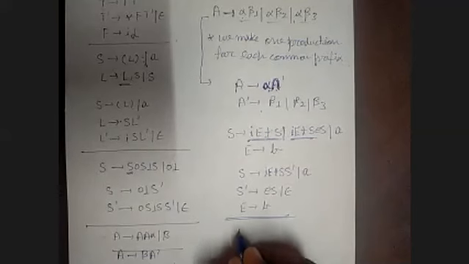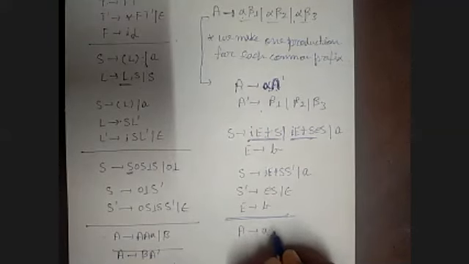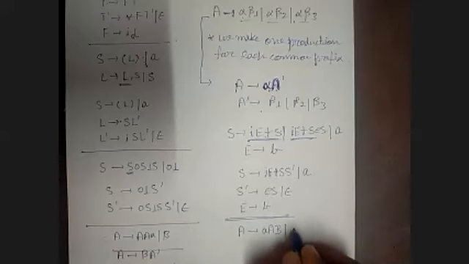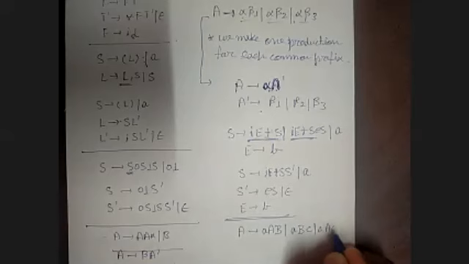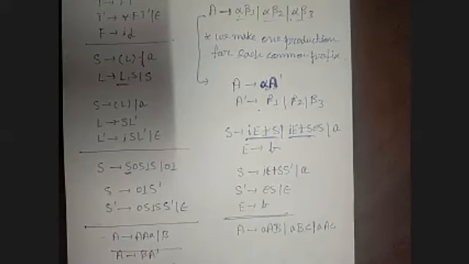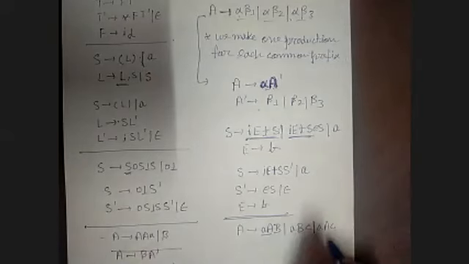We take one more example. A tends to aAB, or aBc, or aAc. In this part, aA and aB, that is not the left factoring part. The left factoring part is small a.